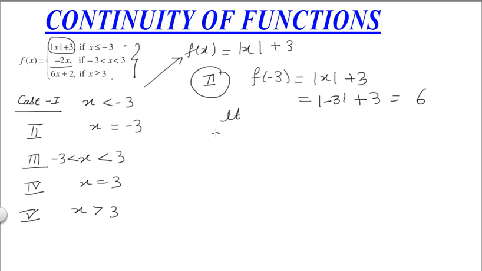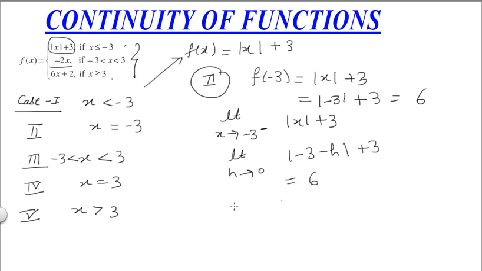Then you will check for limit x tending to -3 minus, which is LHL. So for less than -3, the function is modulus of x plus 3. Changing it to limit h tending to 0, you will write in modulus -3 minus h plus 3. Putting the value of h as 0, we get it as 6 only. Let us check the RHL, where you write -3 plus.